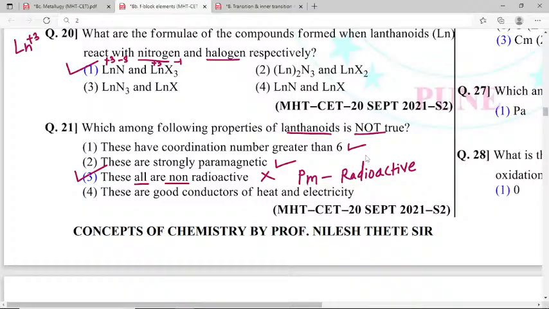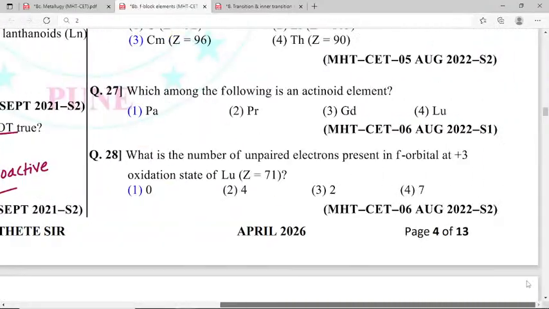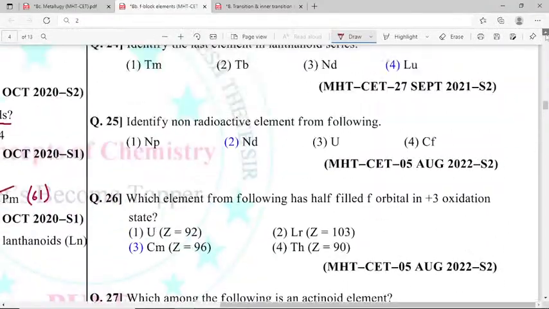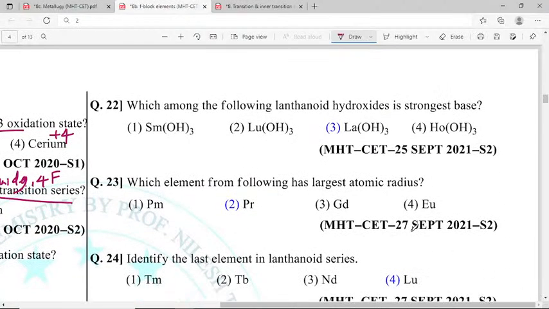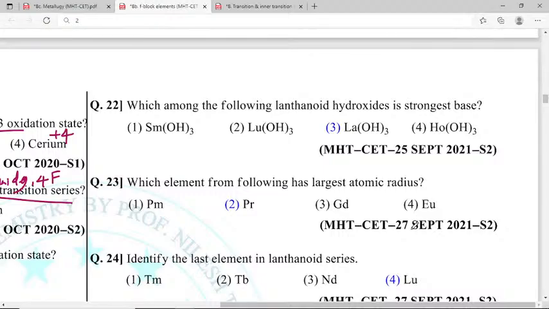These are good conductors of heat and electricity, yes, correct. Which among the following lanthanoid hydroxides is the strongest base?